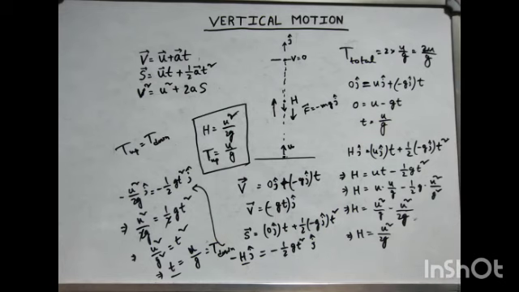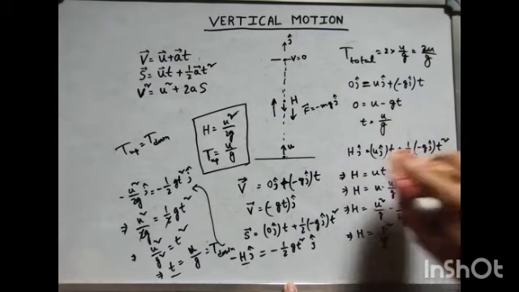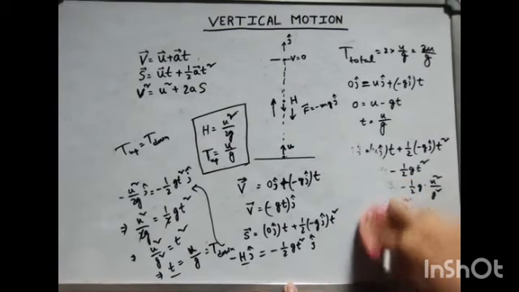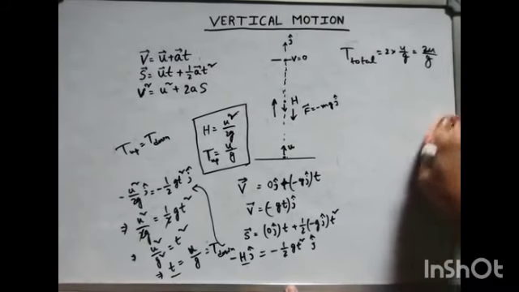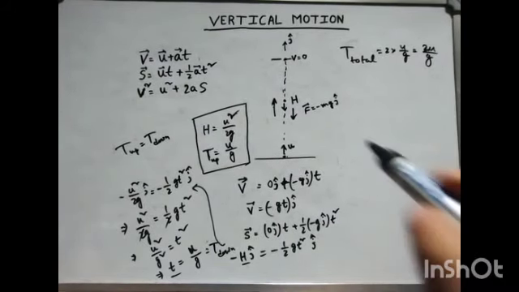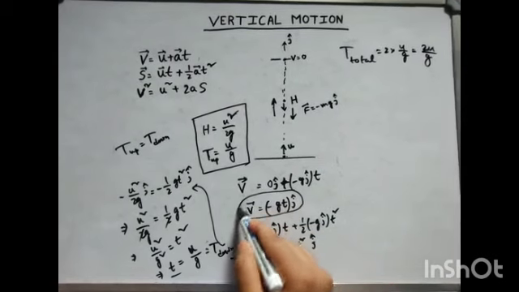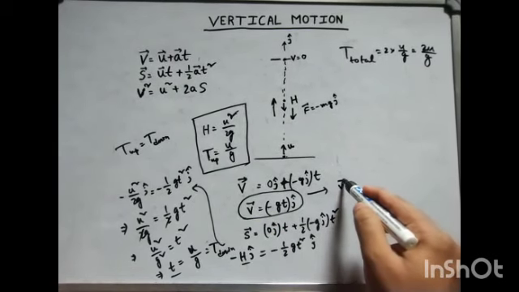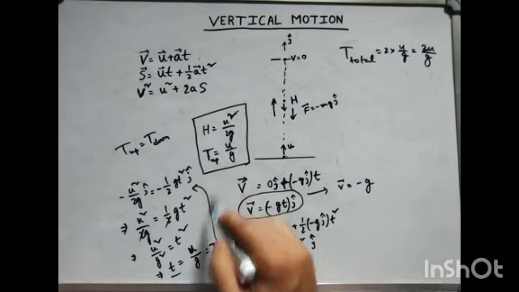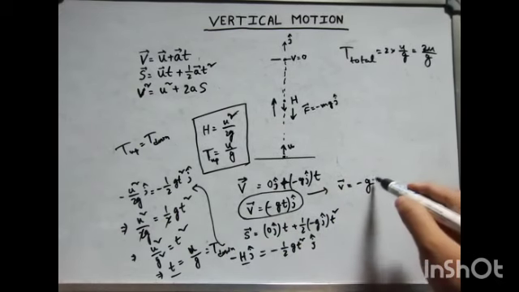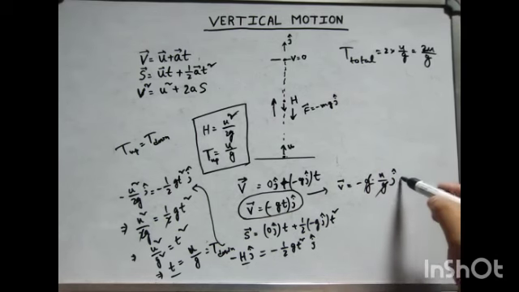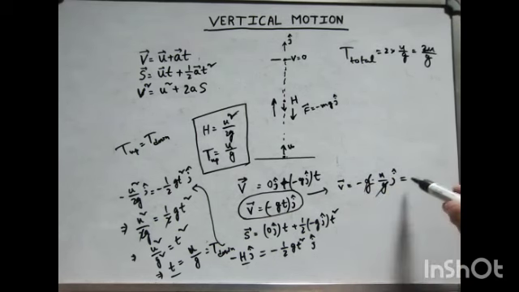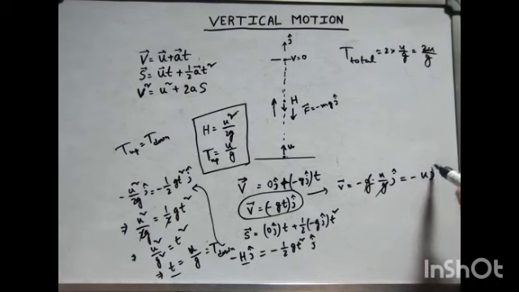Okay, now we will find what will be the final velocity v. V vector will be minus g, and the value of t here is u by g, so u by g j cap, g will be cut, and v vector will be minus u j cap.